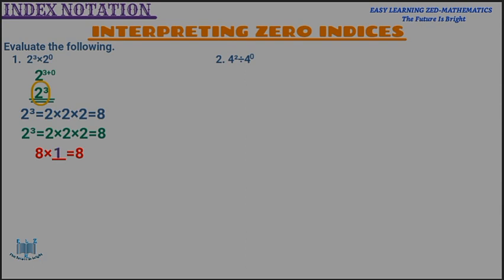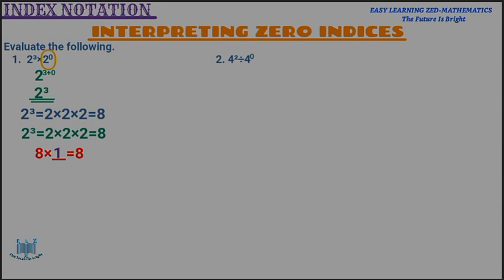So what the expression is showing us is that 2 to the power of 0 is equal to 1, because when we multiplied 8 by 2 to the power of 0, we got the answer 8.